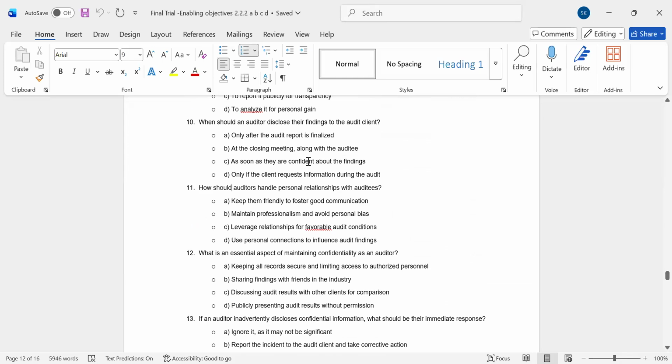Question number 11. How should auditors handle personal relationships with the auditees? A. Keep them friendly to foster good communication. B. Maintain professionalism and avoid personal bias. C. Leverage relationships for favorable audit conditions. D. Use personal connections to influence audit findings.